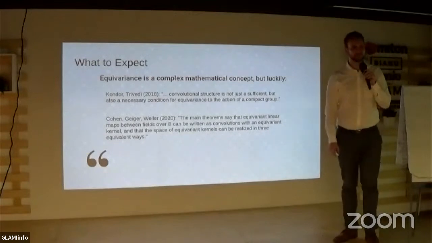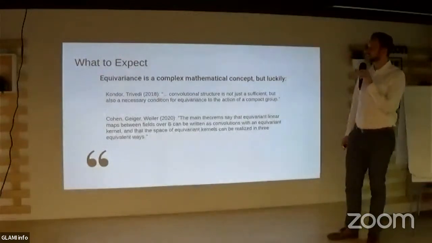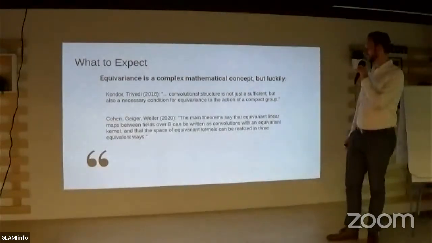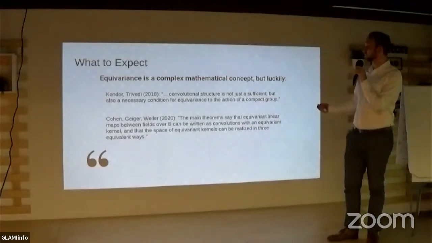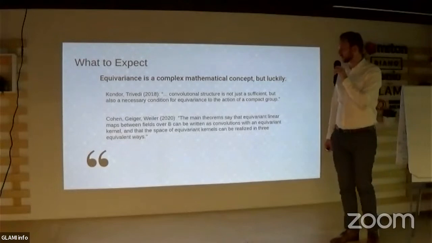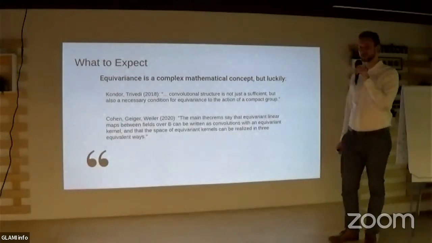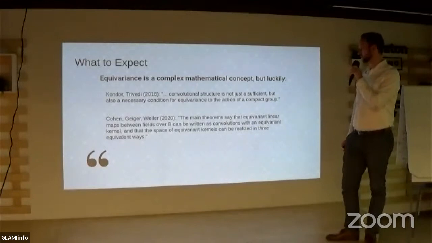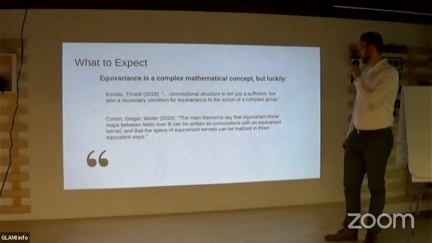Equivariance in itself is a very complex mathematical concept, but luckily the development in the past years has been so that we now know that if we want to construct an equivariant neural network, we need to construct a convolutional neural network, because we know that it is not only a sufficient but necessary condition for equivariance of the entire neural network.